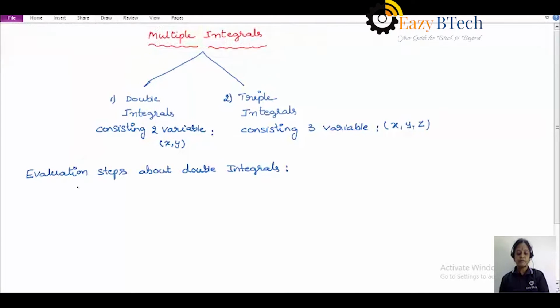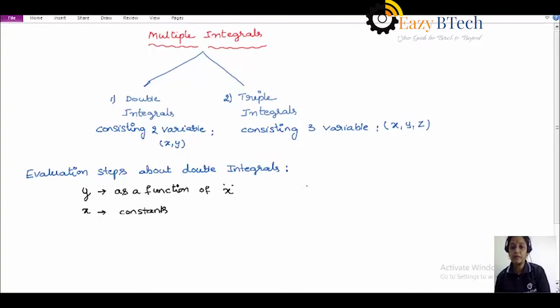A double integral consists of two variables: if y is one variable and x is another variable, to do the double integration of a given function, then y limits are a function of x, and x limits are constants.